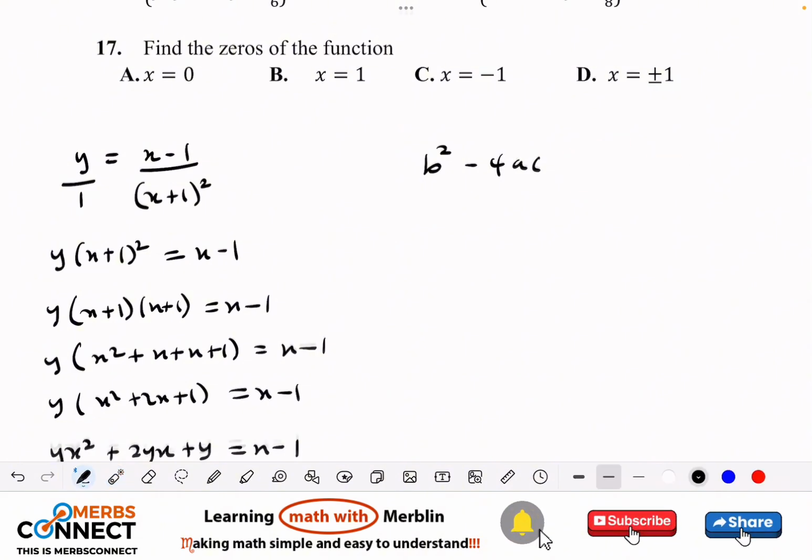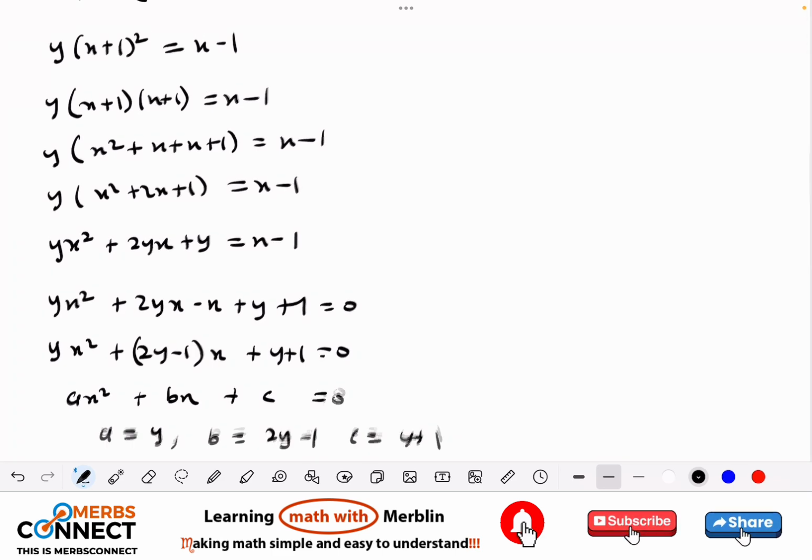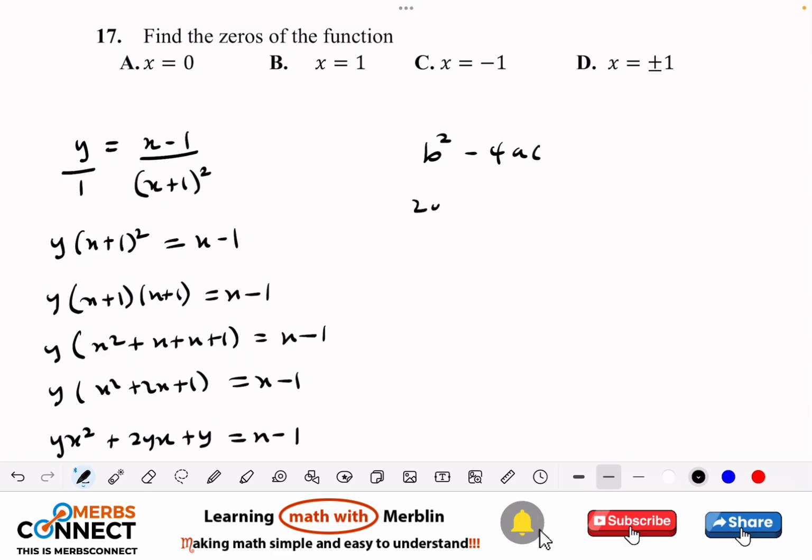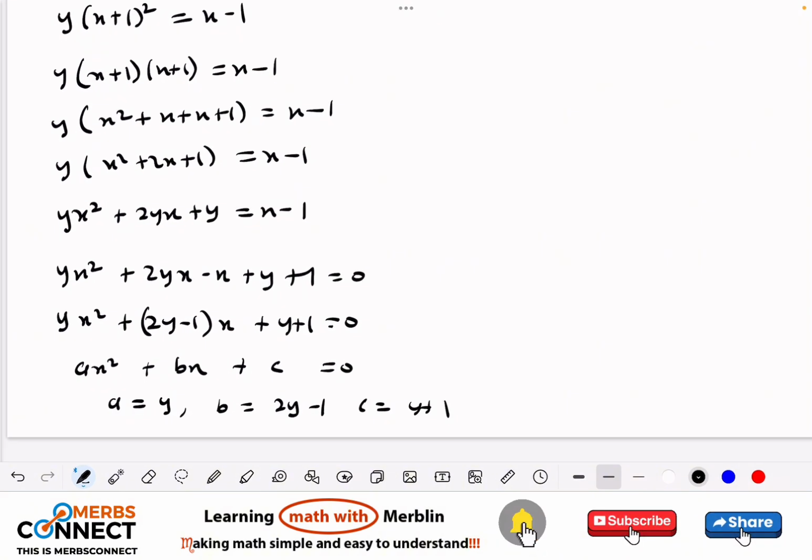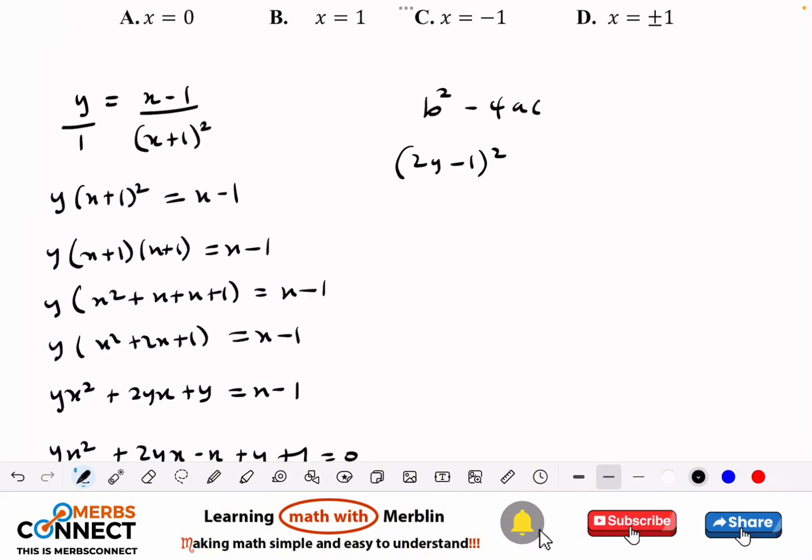So let's find out. We know b to be 2y minus 1 squared. We know a to be y, and we know c to be y plus 1. So minus 4, a is y, and c is y plus 1. So let's try and simplify this.